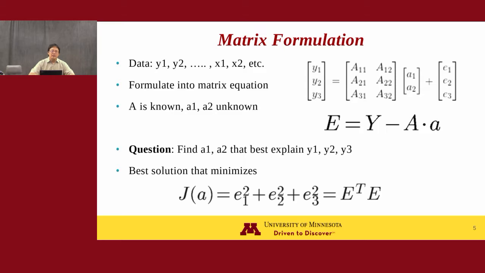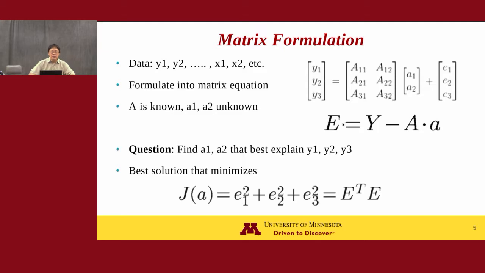We can formulate this linear least squares problem in a matrix formulation. To do this, we take each data point and organize it in this way. For example, the first row of this matrix equation basically says y1 equals a11 times little a1 plus a12 times little a2. And similarly for the second row and the third row, etc. So each row corresponds to one data point.